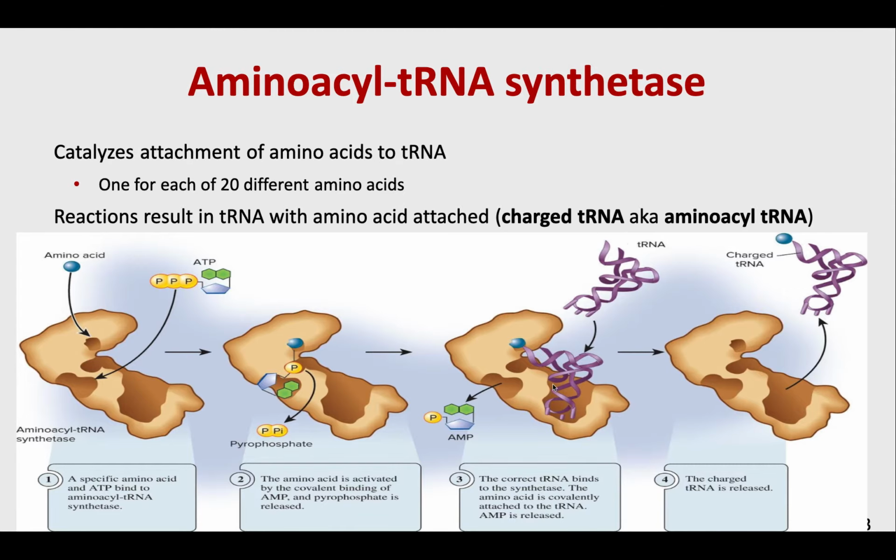The tRNA molecule comes in, binds to that amino acid, and the result is a tRNA that we would now refer to as a charged tRNA or an aminoacyl tRNA. So if you see charged tRNA or an aminoacyl tRNA, we know that it has an amino acid attached to it at this point.